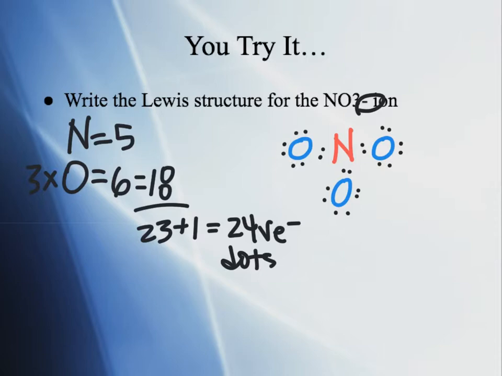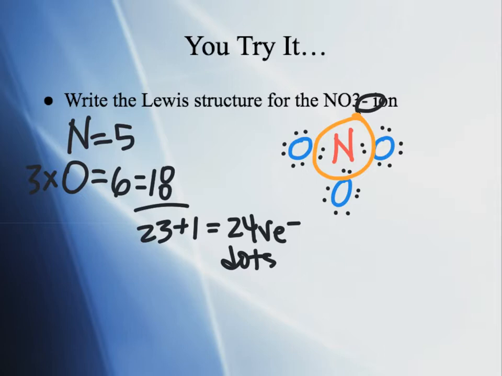On first glance we would say, all right, this looks legit, except if we take a look at the octet rule, nitrogen is deficient. Nitrogen only has 6 valence electrons instead of 8, so we're going to have to make a double bond.